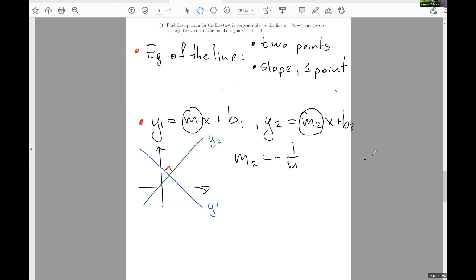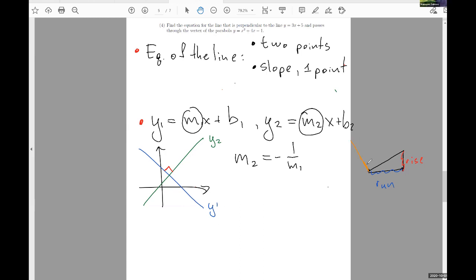The reason is the following, I can just draw you a short picture. To understand why, let's take this rise over run. So this is rise and this is run. If we have another line which is perpendicular, it looks like this.